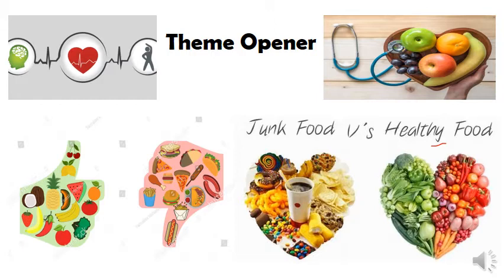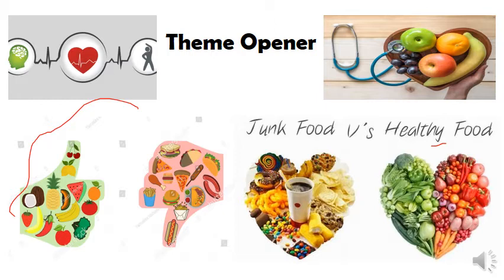Okay, now we move to the most important picture here, which is the two thumbs that we have. We have thumbs up and thumbs down. Let's see. In the thumbs down, we can see pizza, burgers, hot dogs, French fries, all the unhealthy food. And in the thumb up, we can see fruits, vegetables, strawberries, coconuts, cherries, and other kinds of fruits.